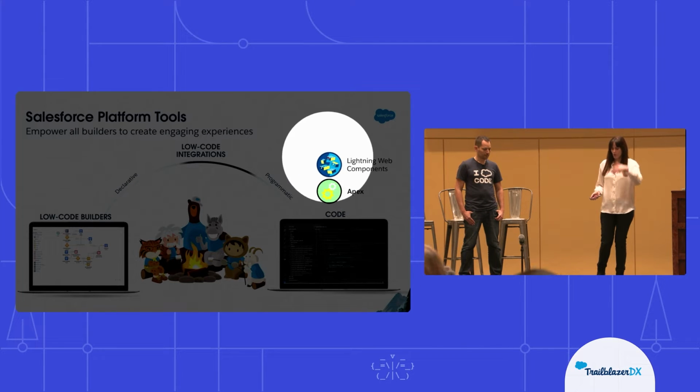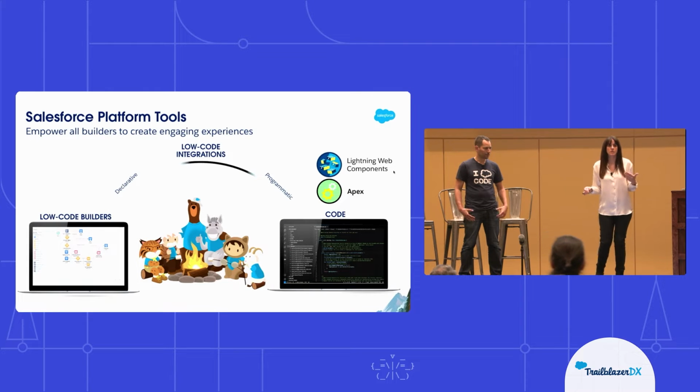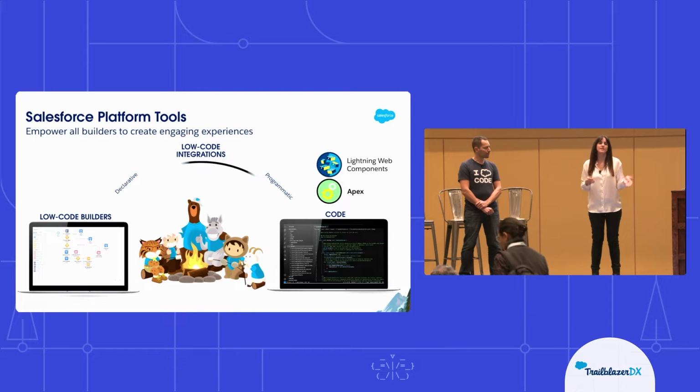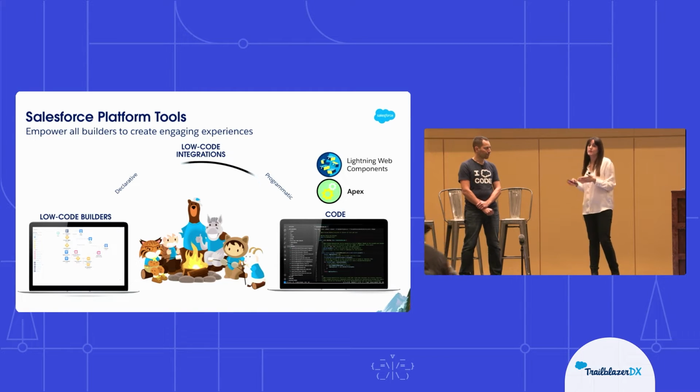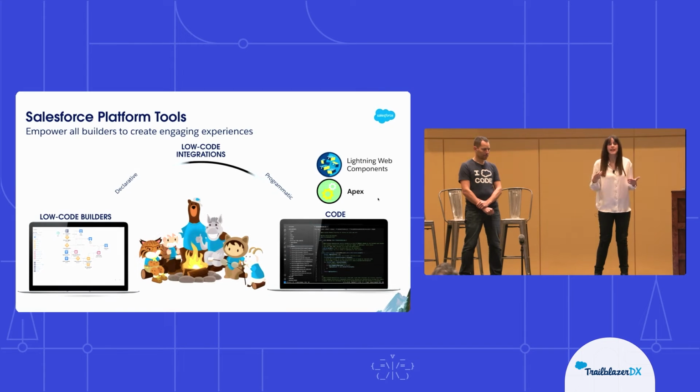In the code realm, we have the Lightning Web Components framework, which is used to create user interfaces with HTML, JavaScript, and CSS. And we also have Apex, which is a language that Salesforce created. It's Salesforce proprietary. It only works on the Salesforce platform, and it is used to implement business logic.